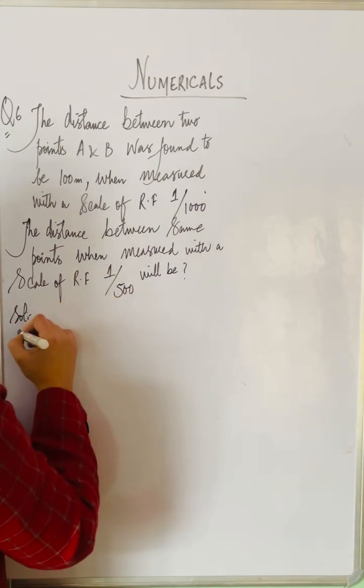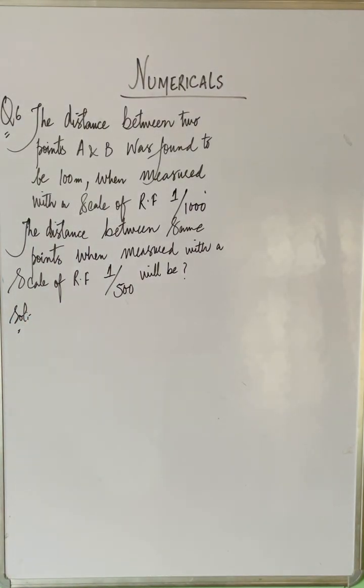Right? So the question is, the distance between 2 points A and B was found to be 100 meters when measured with a scale of representative fraction 1 by 1000. The distance between the same points when measured with a scale of representative fraction 1 by 500 will be.